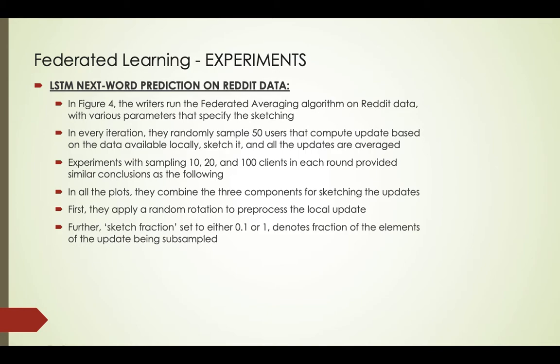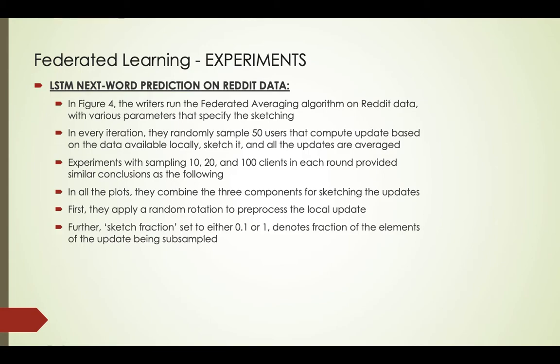In every iteration, they randomly sample 50 users that compute an update based on the data available locally, sketch it, and all the updates are averaged. Experiments with sampling 10, 20, and 100 clients in each round provided similar conclusions as the following. In all the plots, they combined the three components for sketching the updates.